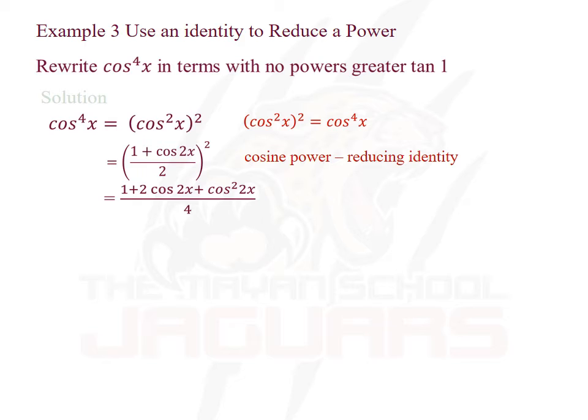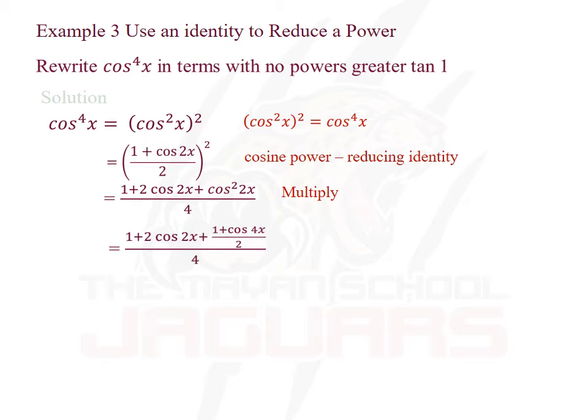Then to obtain the term in the middle, we multiply 1 times cosine of 2x and multiply by 2. It will be 2 times cosine of 2x, plus the square of the last term, cosine squared of 2x, over 2 to the 2nd power, that becomes 4. So here what we did was to multiply.